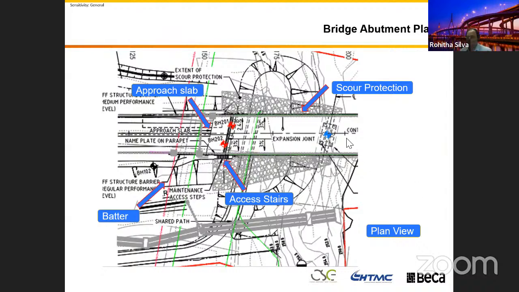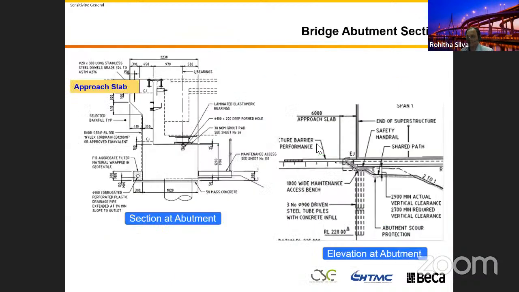So the bridge abutment design is a combined exercise between structural engineers and geotechnical engineers to get the right outcome. Otherwise, the asset owners will have a lot of issues during the service period.